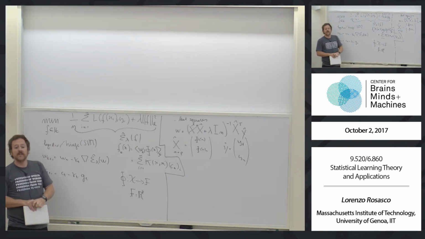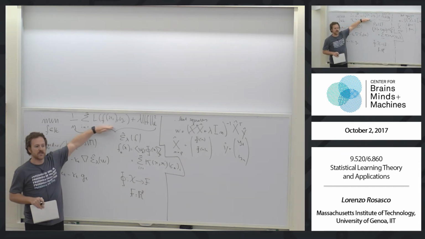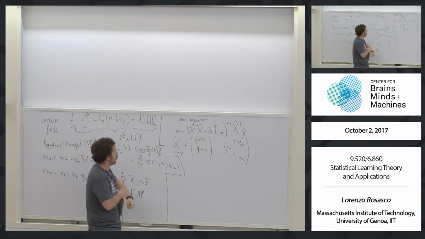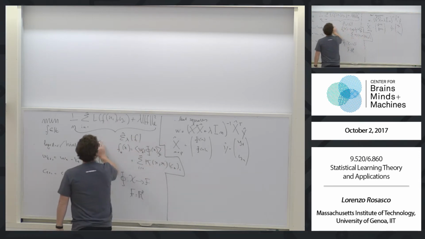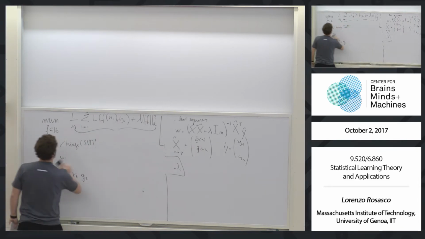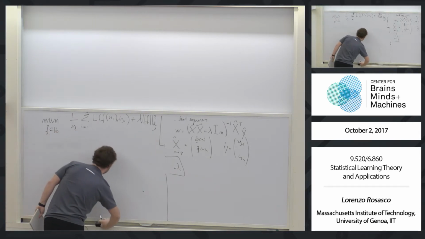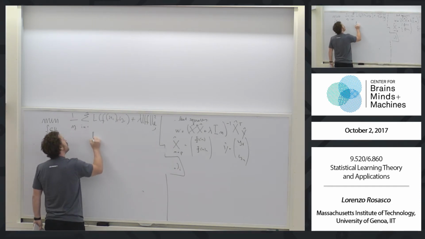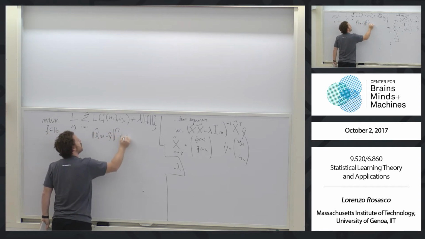How did we derive this? It's particularly easy because in this case, if you plug in the square loss, the key point here is that for the square loss, in the linear case, this thing here can be written as X hat W minus Y hat.